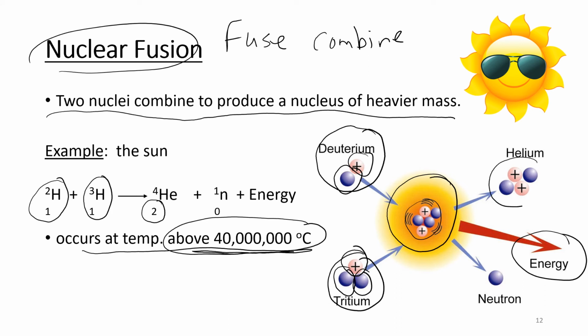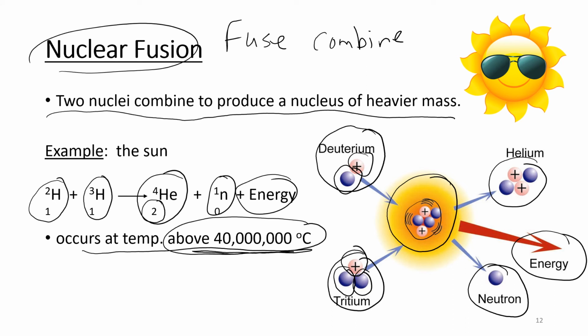We have our helium left behind, and then we're releasing one of the neutrons. So this is giving us the energy that's being produced in this reaction, and we're producing a helium and a neutron.